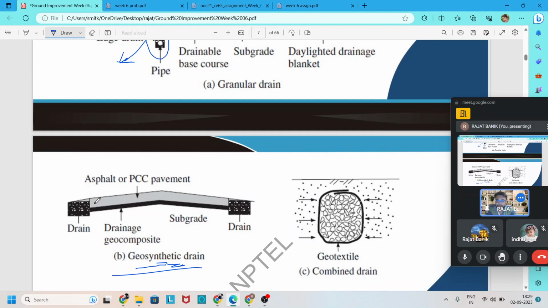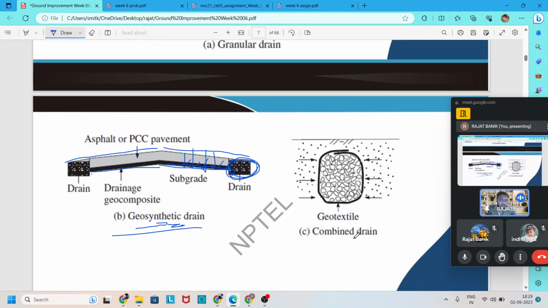You can see that here a pavement is drawn, a pavement surface is present, and one drainage material or geocomposite is present below the pavement. This material collects water from the pavement and drains it out by a simple slope arrangement through the longitudinal drain.